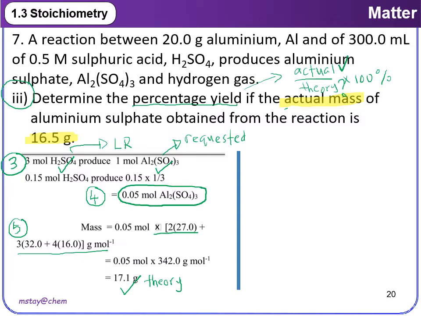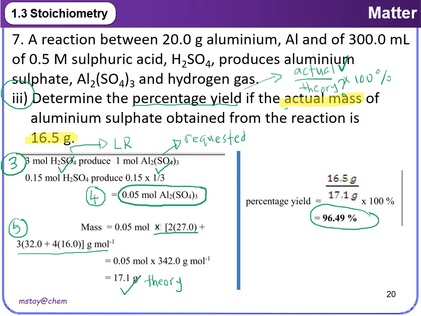So then next we will substitute the actual yield and the theoretical yield with the same unit, which is in gram, into the formula, and then pressing the calculator, we will get the percentage yield is 96.49%.